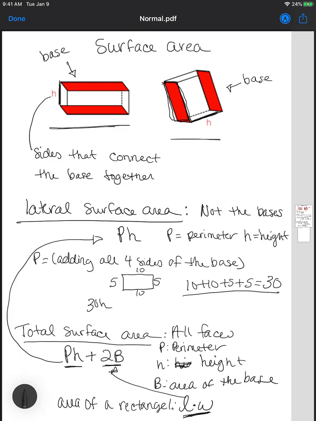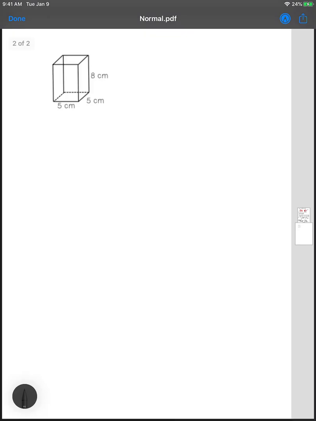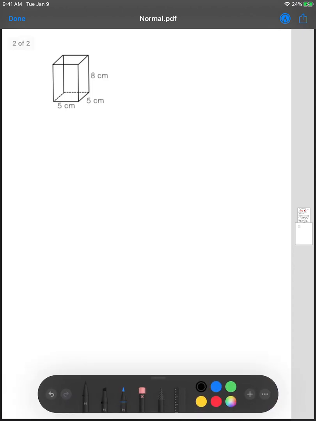So let's do just one example real quick. So we have this rectangular prism, and I'm going to highlight real quick my bases. So right here, this is my base, and this top part is my base.